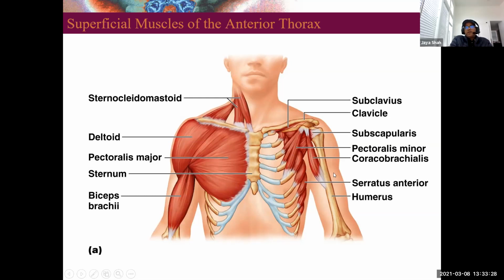Here, the pectoralis minor, and pectoralis major was there earlier. So pectoralis major is superficial and pectoralis minor is deep. You have to cut and remove pectoralis major to see pectoralis minor.